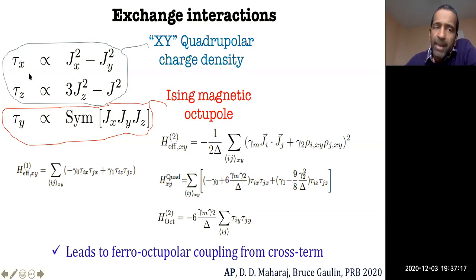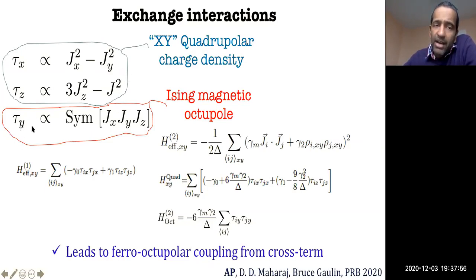It turns out that the tau x and tau z Pauli matrices correspond to combinations which involve the square of the angular momentum, things like Jx square minus Jy square or 3Jz square minus J square. These are time reversal invariant, though they transform under lattice rotations. These constitute an EG-like quadrupolar charge density, so you can associate these with some kind of charge orbital density in the system.